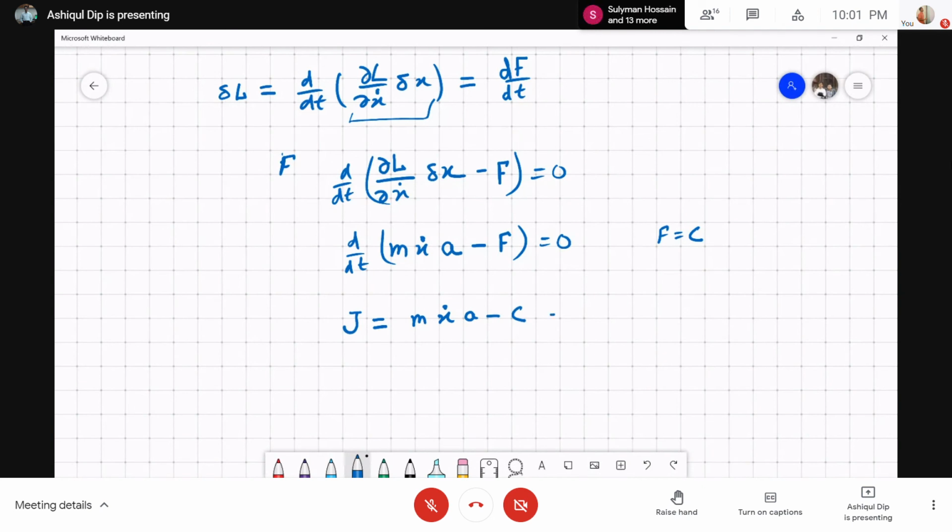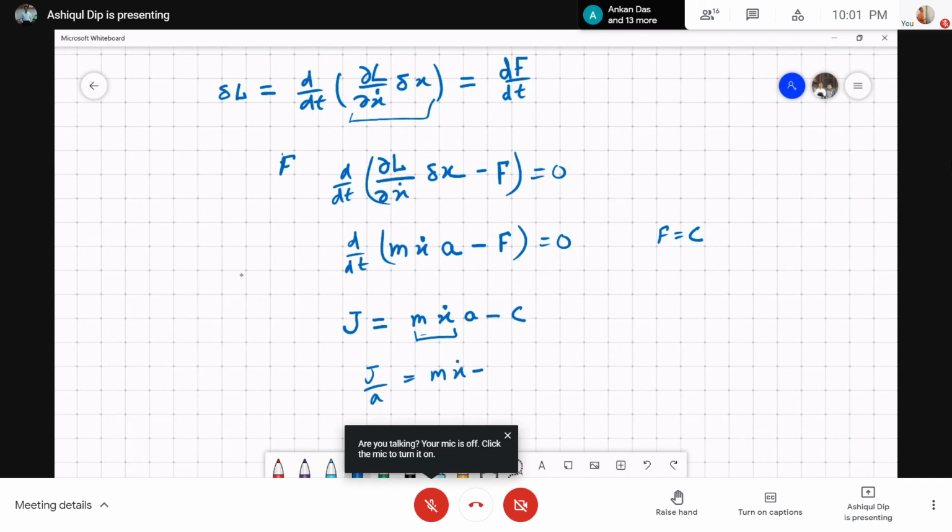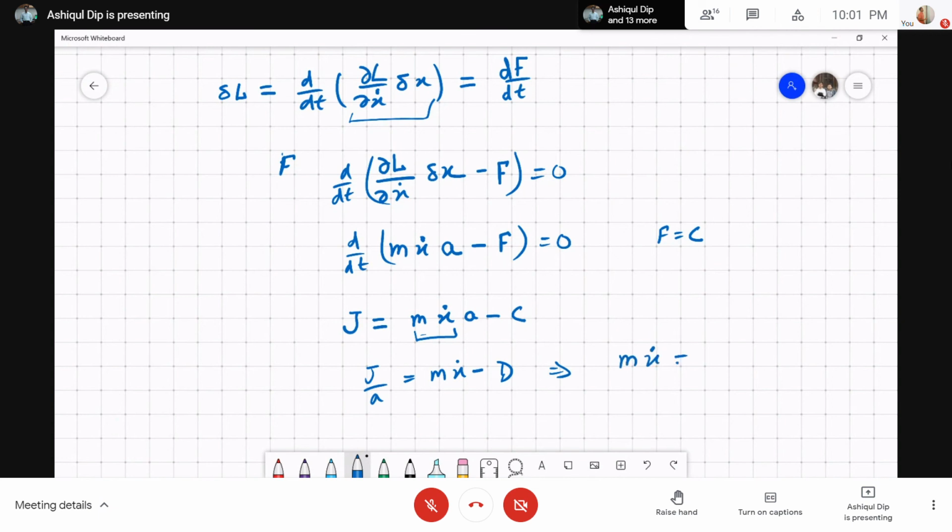I want to show this part to be conserved. So I divide everything by a, which is a constant parameter. So j over a equals m x dot minus c over a, which equals some d. So d is also a constant, which gives m x dot equals j over a minus d.